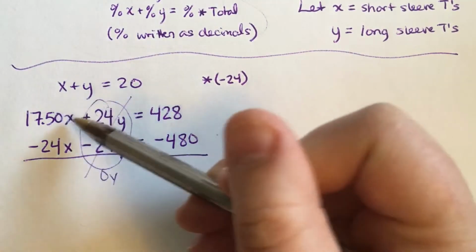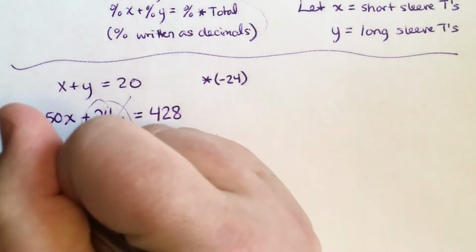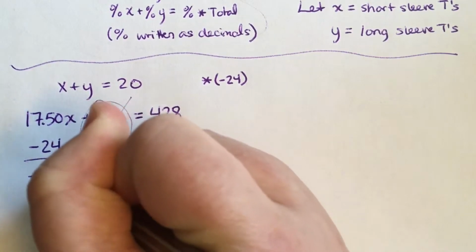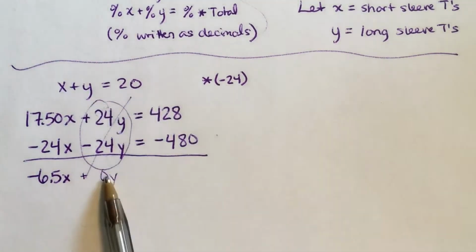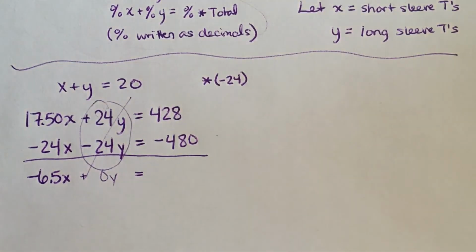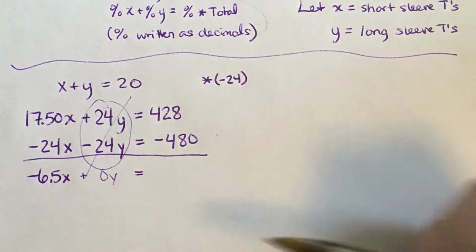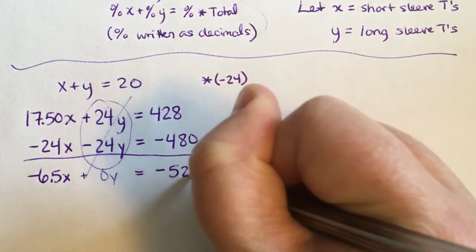On the other side, I have 17.50 minus 24x. Well, that's going to be negative 6.5x. And you could keep the 0y there or not. We're not going to really use it once it's zeroed out. And then 428 minus 480 is negative 52.